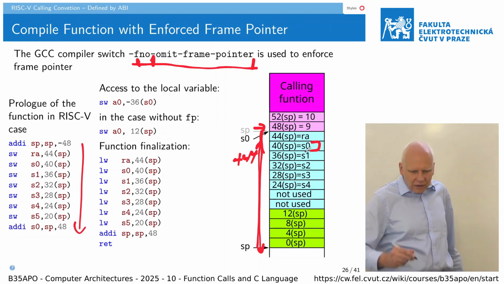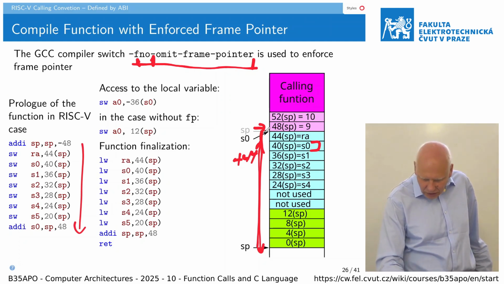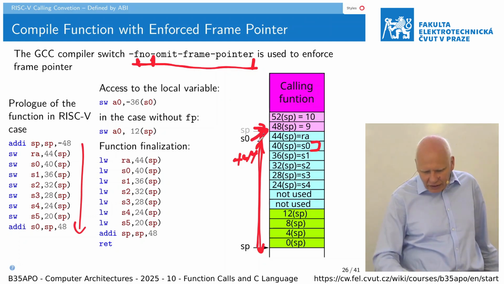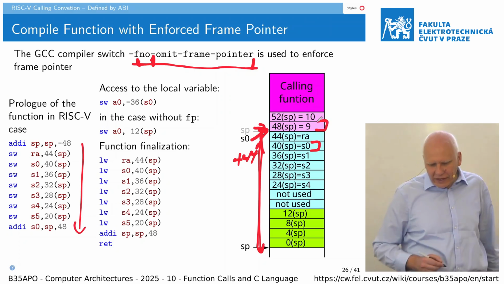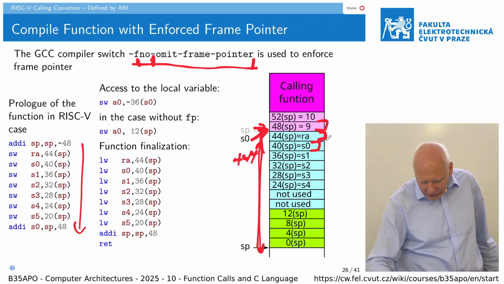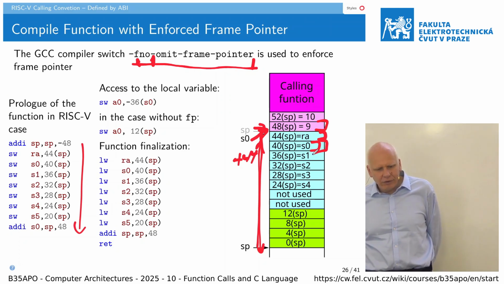And the frame pointer in this case points, okay, it depends, but usually it points to the same address as the stack at the entry. So basically we know that it points to the first argument, and if we subtract 4, we get the return address, and subtract 8 and get the previous frame pointer.